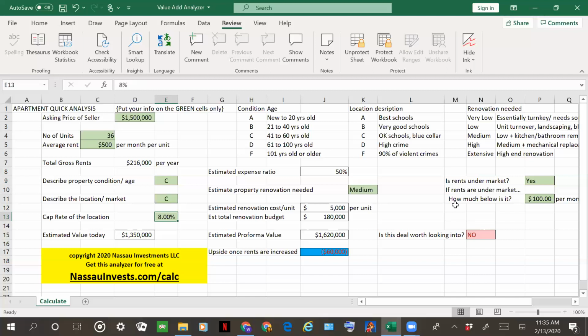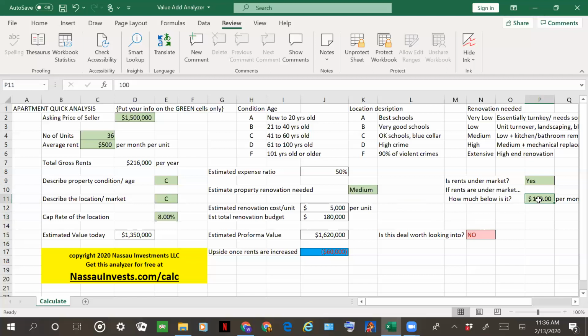Instead, he bases whether or not he will do a deeper analysis of a building on whether or not there is some value add potential. Meaning, can we increase the rent to increase the income? Can we decrease the expenses to increase the income, and so on? Because if there is none, then we move on, because there's no sense in buying a building if you cannot increase the value.